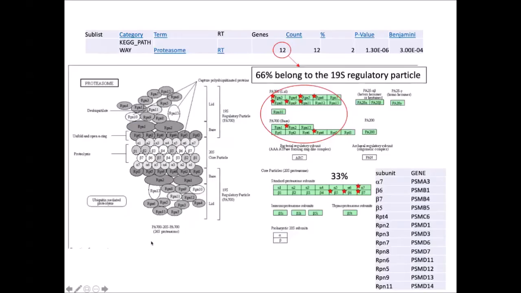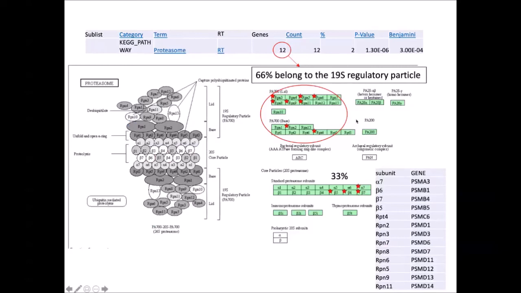Now, if we look into this proteasome enrichment, we have 12 genes there, and it turns out that 66% of these 12, that is 8, are from the regulatory 19S particle. Only 33% belong to the core particle.